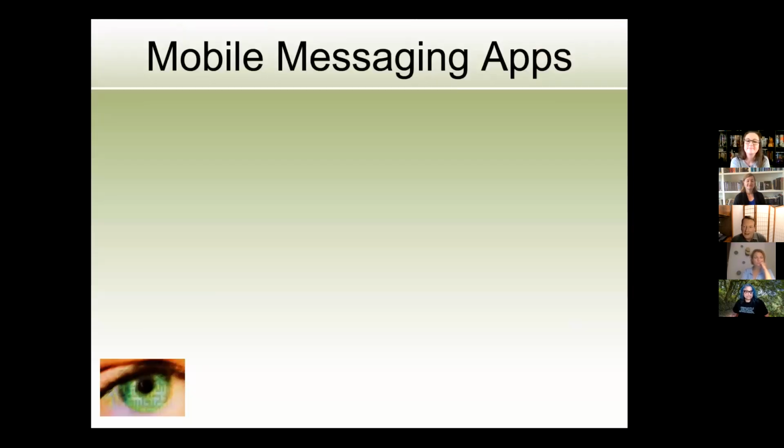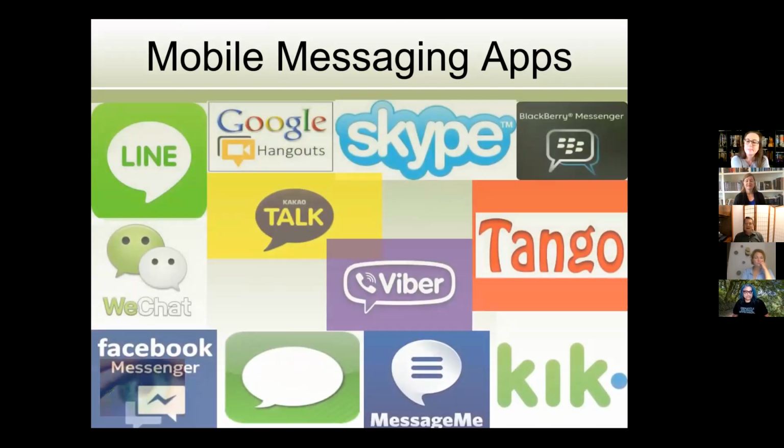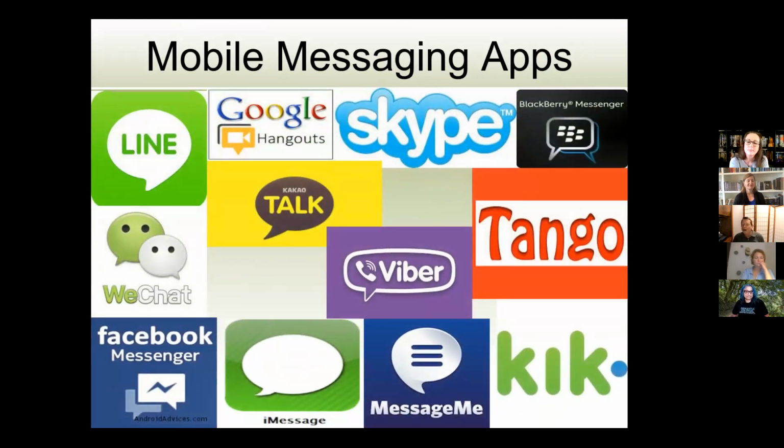I want to talk to you about apps, and mobile messaging apps, of course, are the important ones. There are over 100 different mobile messaging apps now. So when somebody says they want the deleted texts, I've got to have a much more specific conversation, because these are some of the examples, but there are many more here.